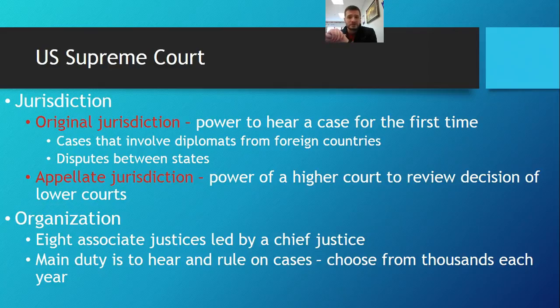I think about 8,000 cases are appealed to the Supreme Court every year, and they actually only end up hearing about 80 cases a year. They are only going to hear a very specific number that deal with federal laws or constitutional issues, and anything that might violate the rights of citizens, via laws that have been written in either state or federal legislatures.